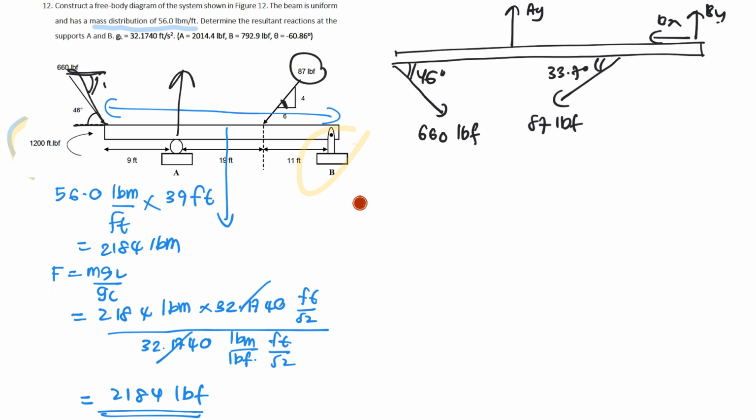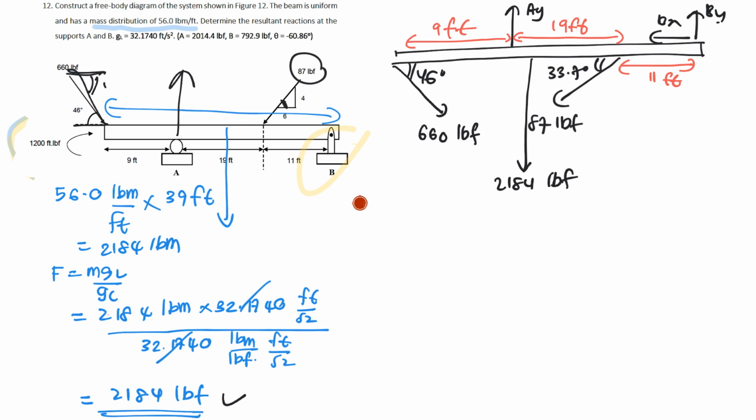There is another one, which is the mass of the beam, 2184 pound force. Then you put in all the level arms: this one is 11 feet, this one is 19 feet, and this one is 9 feet.